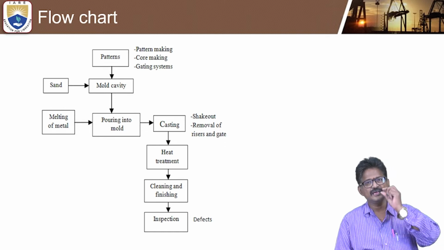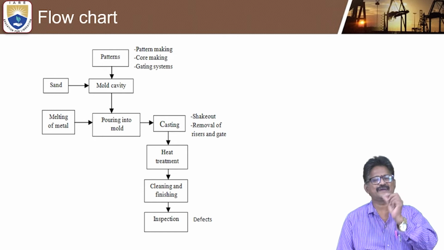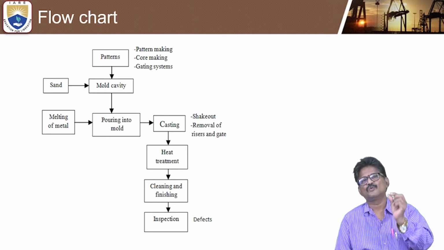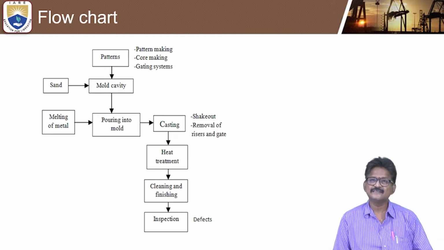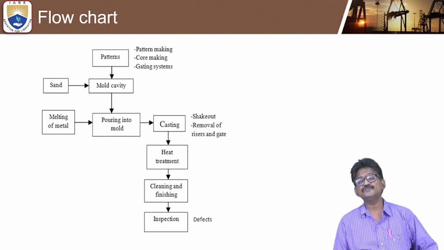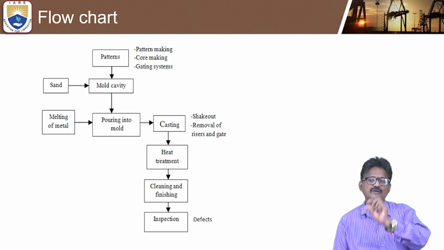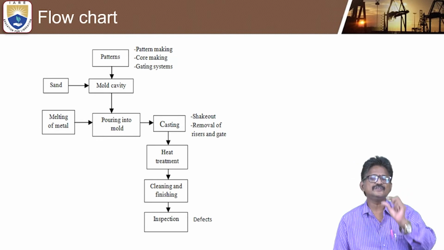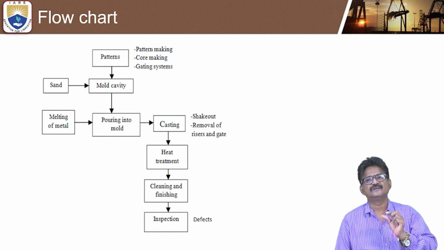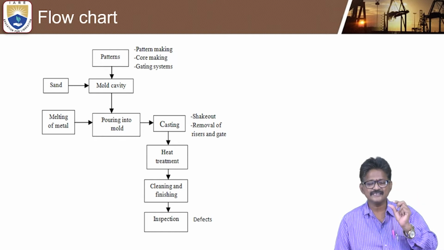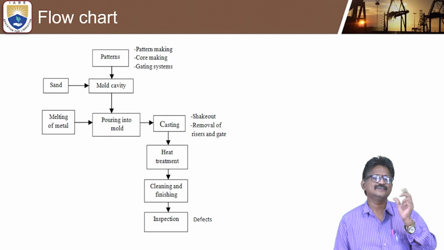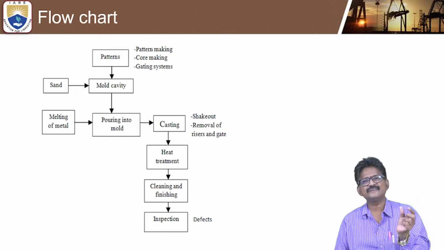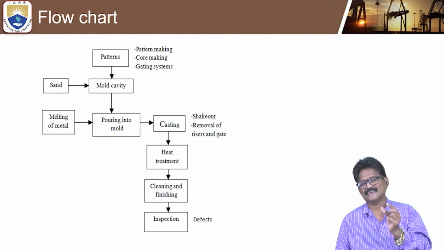First of all, a student should understand what a pattern is, the types of patterns, the pattern materials, and the properties of patterns. Then, based on the component and its final application, they can identify which type of pattern to prefer. That is why the first and foremost important thing is patterns. The term pattern can be defined as the replica of the original casting.